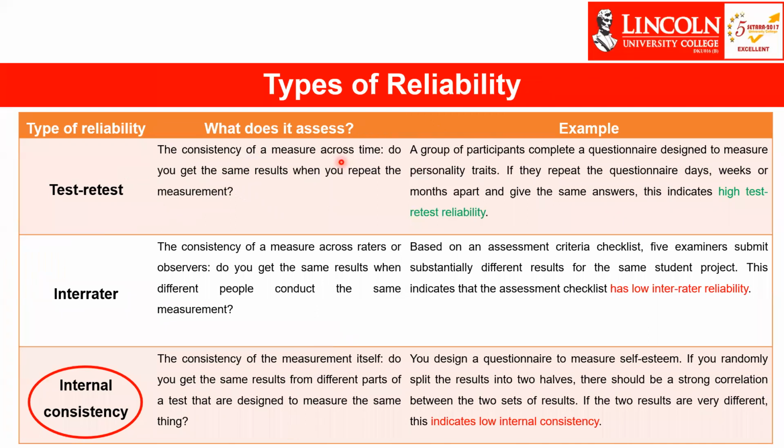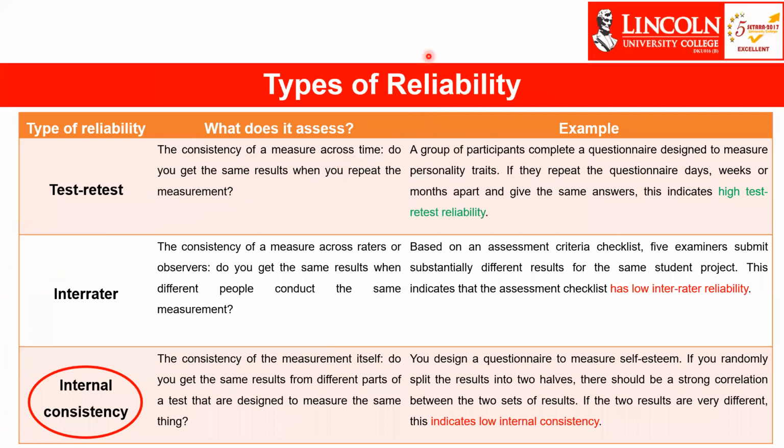You can ask, do you get the same results when you repeat the measurement? A good example is a group of participants completing a questionnaire designed to measure personality traits. If they repeat the questionnaire days, weeks, or months apart and give the same answers, this indicates high test-retest reliability.